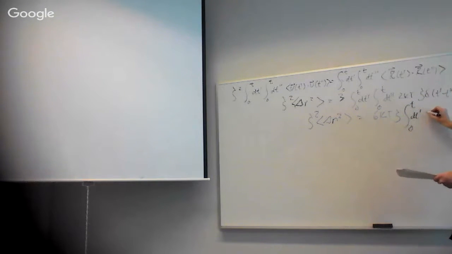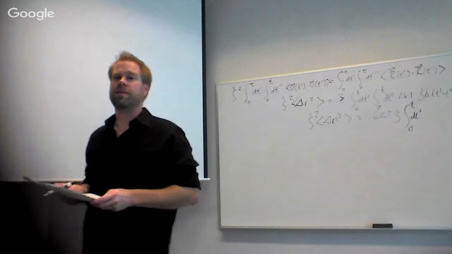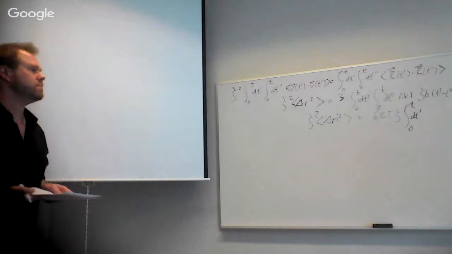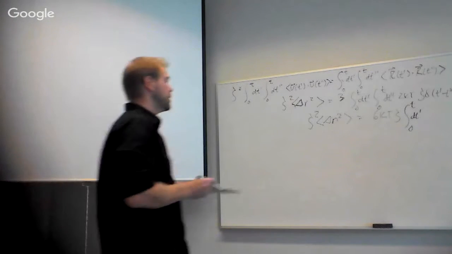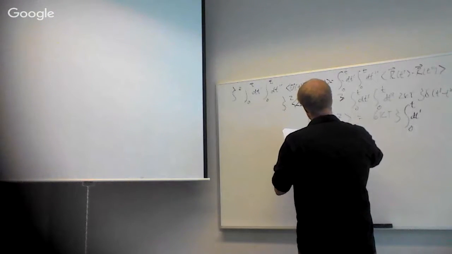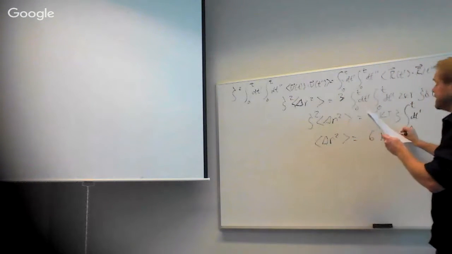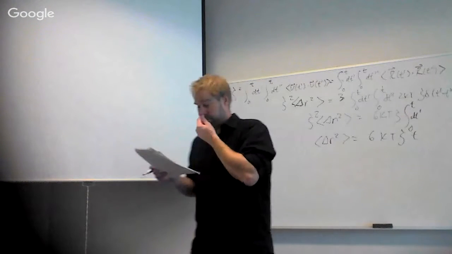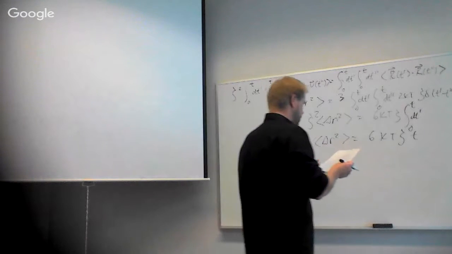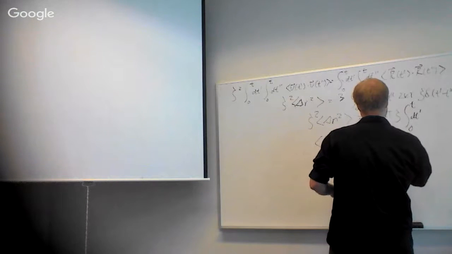Okay. What do I have left? Nothing. Yeah. Cool. Okay. This means we can solve that delta r squared is equal to 6 kT over zeta t. Sorry, I'm going to bring the zeta over to this side.